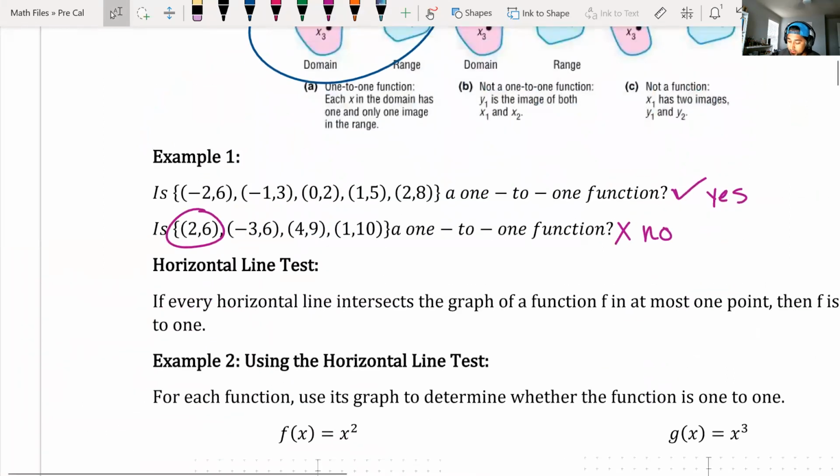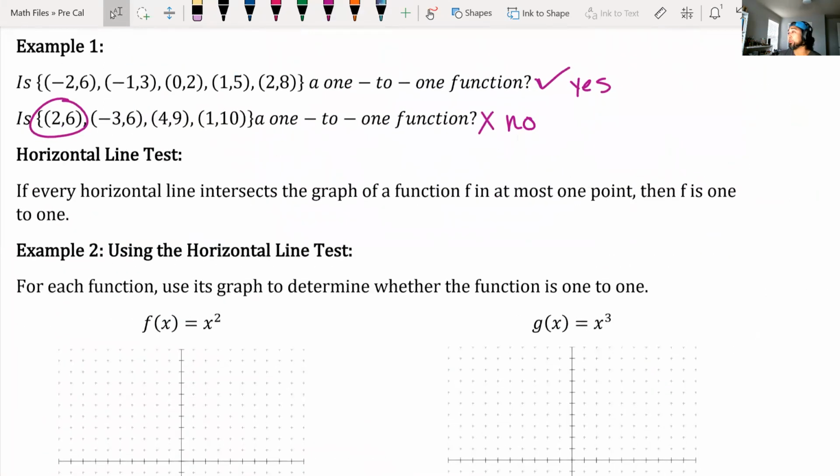Okay. So another way to check if we have a one-to-one function is using something called the horizontal line test. This means we would be given a graph of the function, and all we would have to do is draw a horizontal line through it. If that horizontal line only intersects the graph once, then it is a one-to-one function.